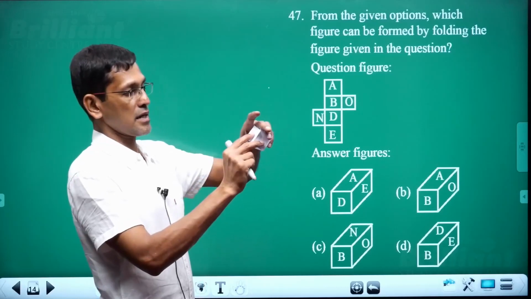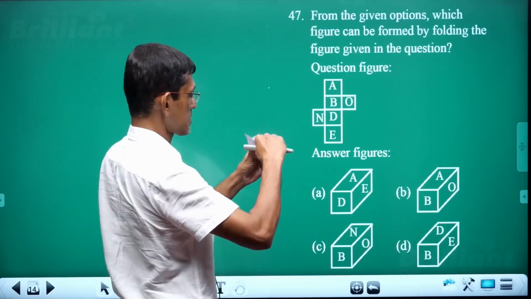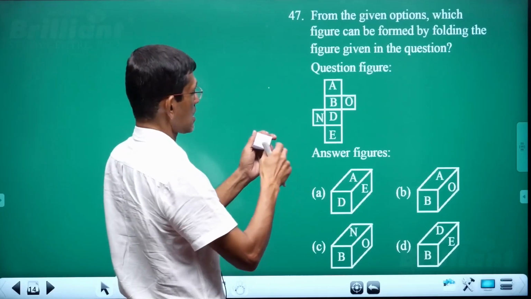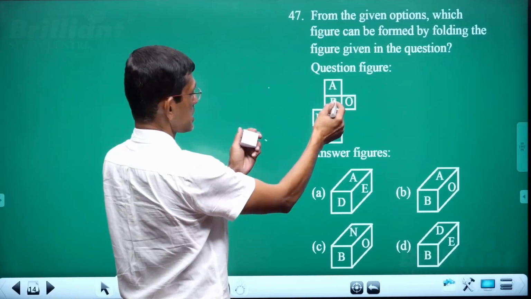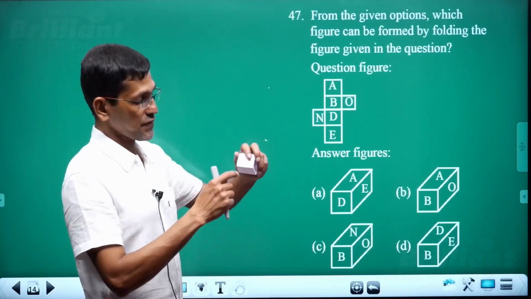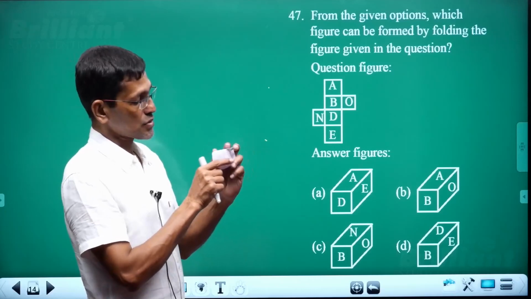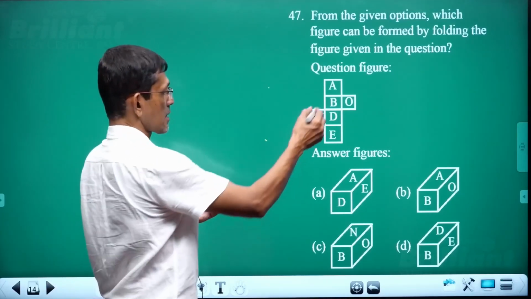So we have A, and you see that B and O are adjacent to A. So this is the face A, B is here, and O is here. So O and B are adjacent to A. See that?